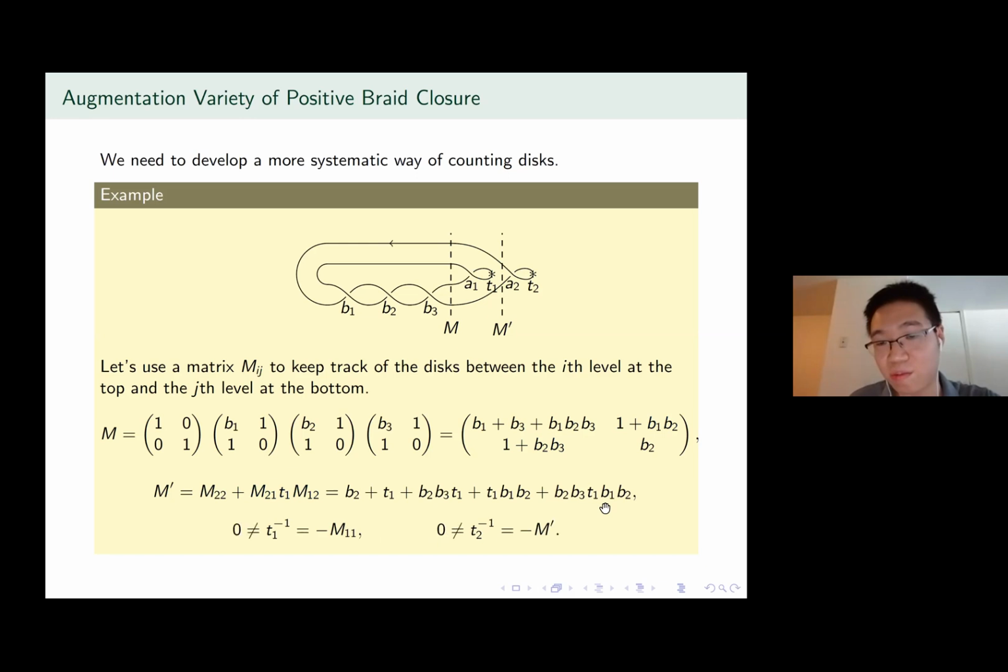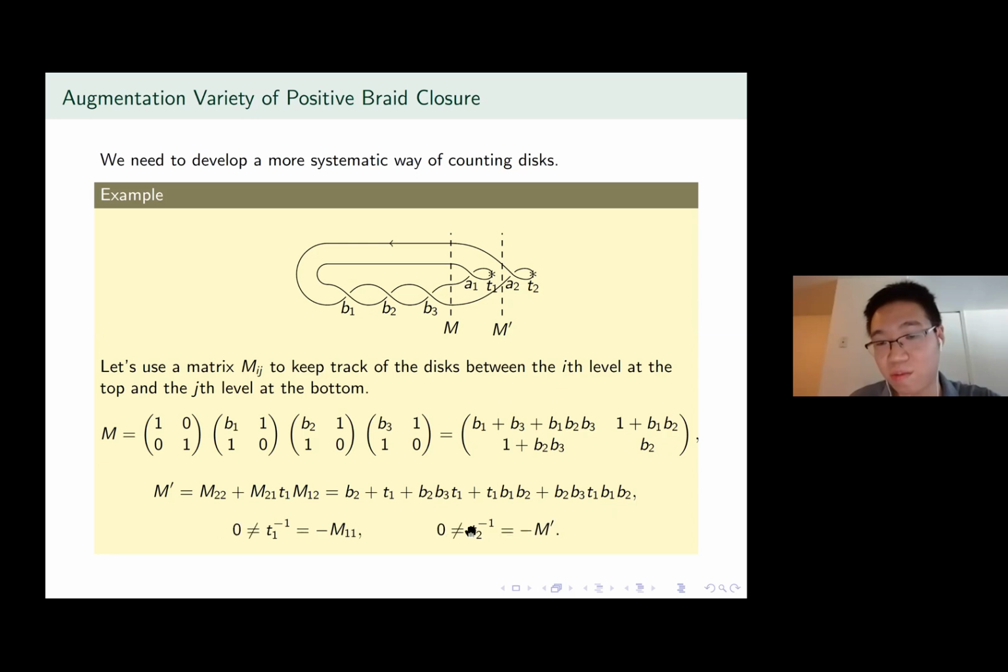So this is where the 0 comes in. Next, if you want to consider the augmentation variety, you just set those to be 0. So T1 inverse equals minus M11, and also T2 inverse equals M prime.